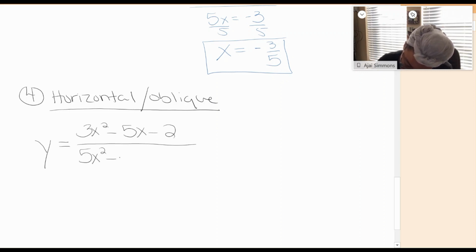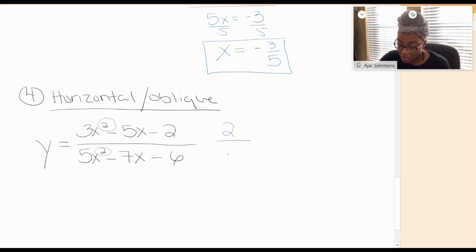So what's the degree of the top? The degree of the top is going to be 2, because that's the highest power that you see. The degree on the bottom is also going to be 2.